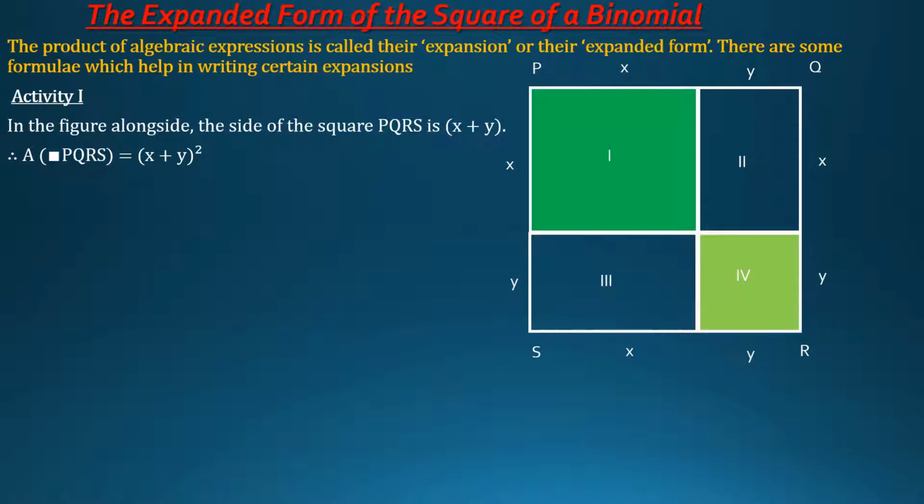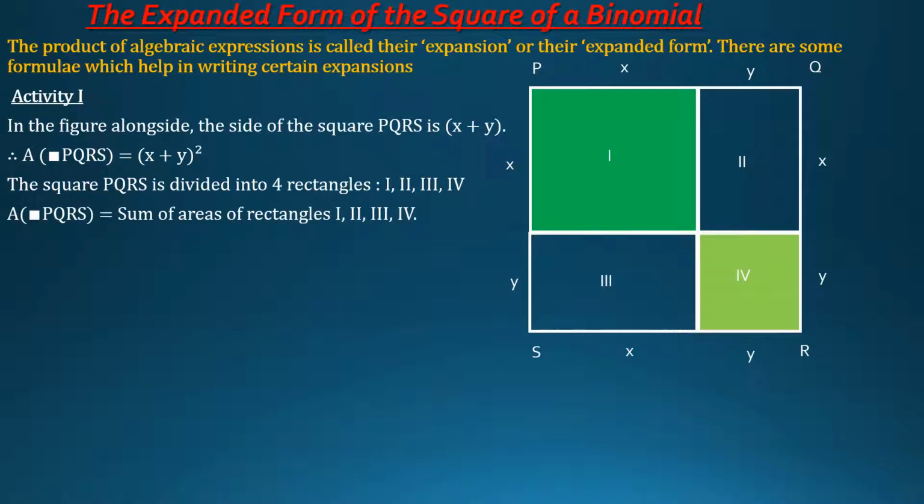The square PQRS is divided into 4 rectangles, 1, 2, 3 and 4, as you can see over here. Area of square PQRS is equal to sum of areas of rectangles 1, 2, 3 and 4.